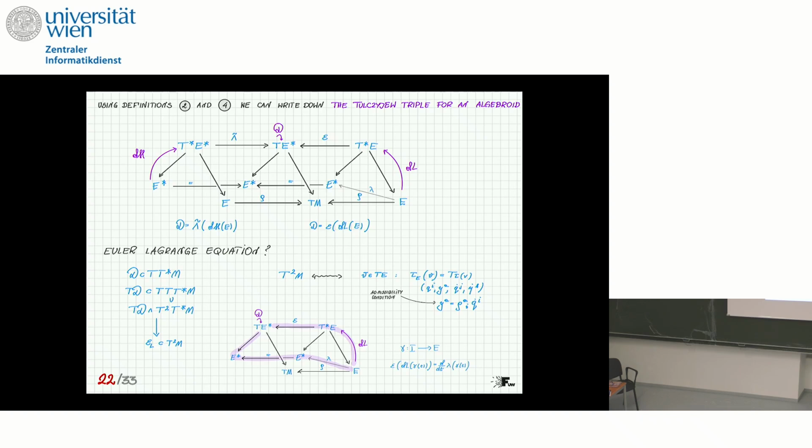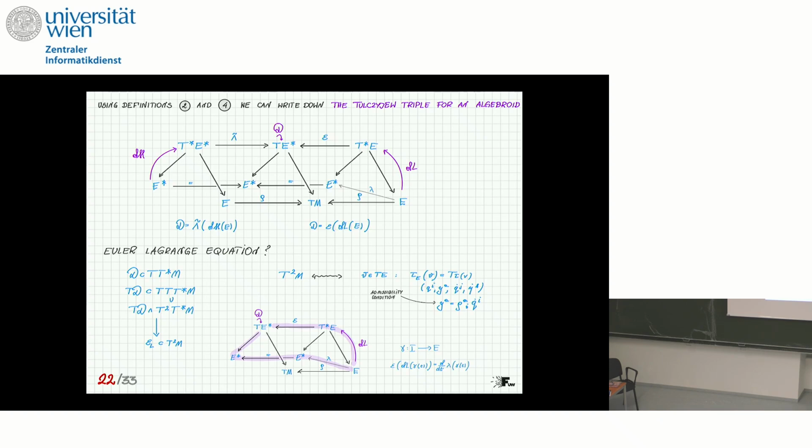If you write the Euler-Lagrange equation in this form, as a first order equation on velocities, not momenta, then you can look at it in the following way. You can take the differential of the Lagrangian and compose with epsilon, or alpha in this case, or you can go first via the Legendre map, then here we have an identity, and then here we take the prolongation, the tangent vector to the curve.